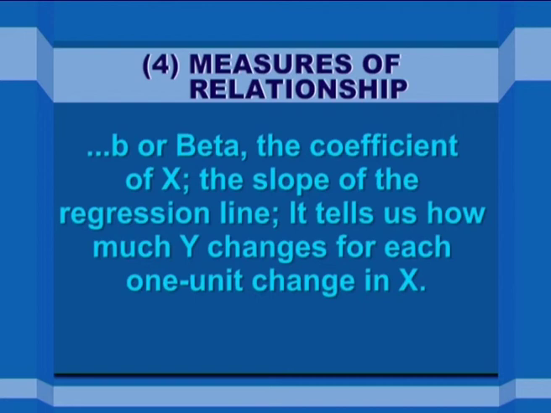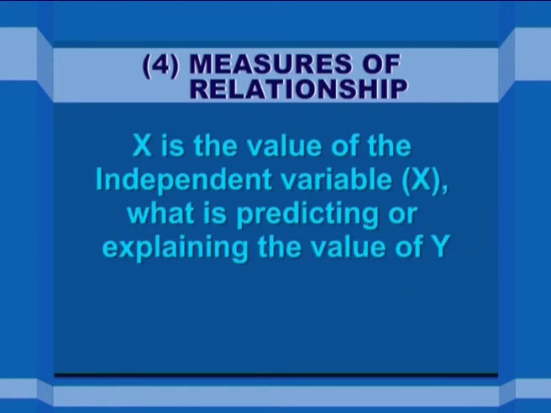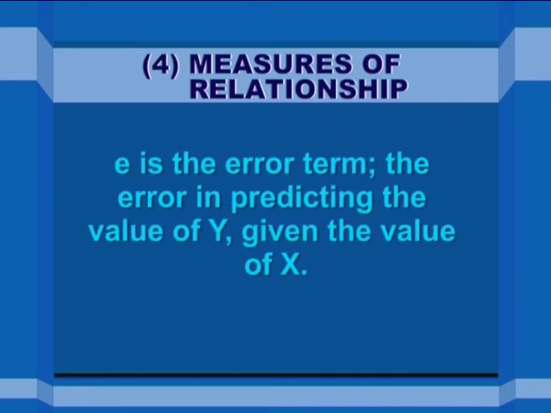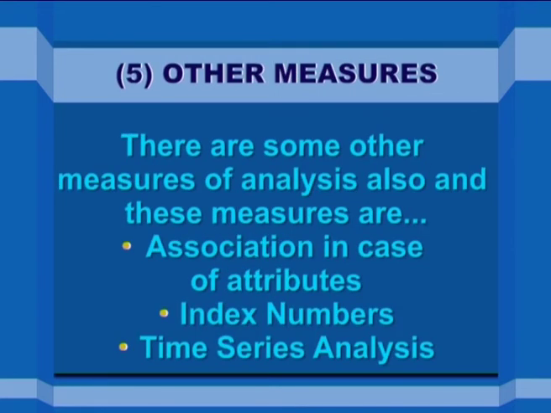B, or beta, is the coefficient of x, the slope of the regression line. It tells us how much y changes for each 1 unit change in x. X is the value of the independent variable, what is predicting or explaining the value of y. E is the error term, the error in predicting the value of y given the value of x.